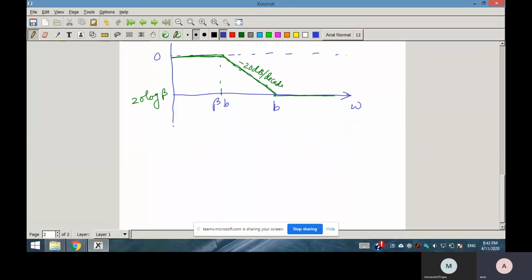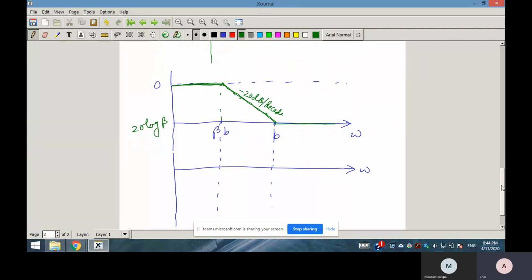Now if you draw the phase plot, it will be like this. So at omega equal to 0, phase is 0.